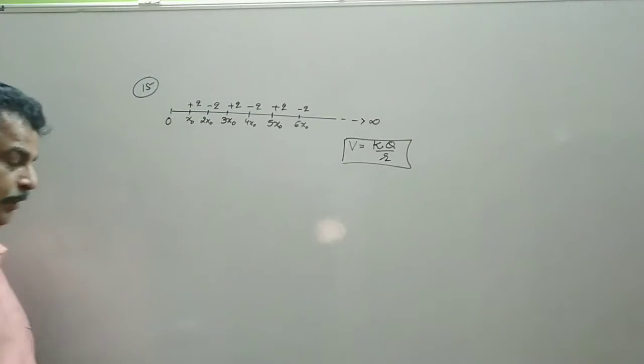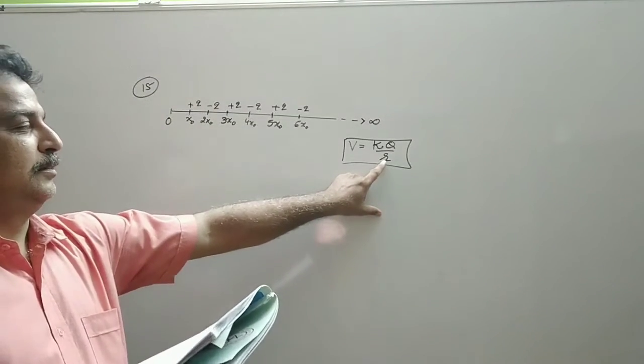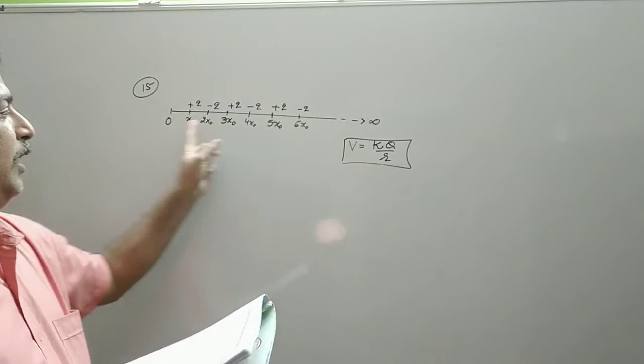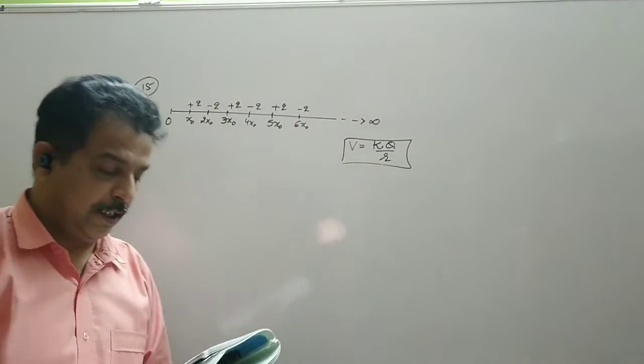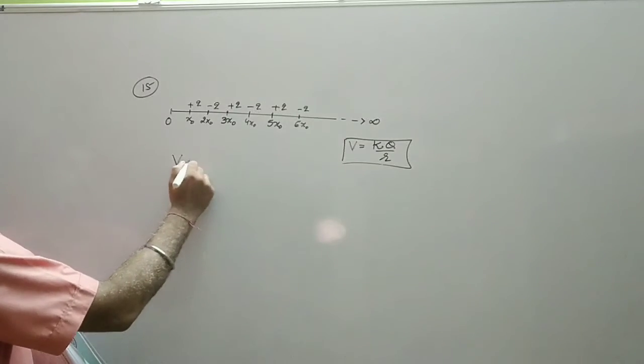Here small r is considered a variable, and our variables are x naught, 2x naught, 3x naught, like this. So I have to find the potential at the origin.